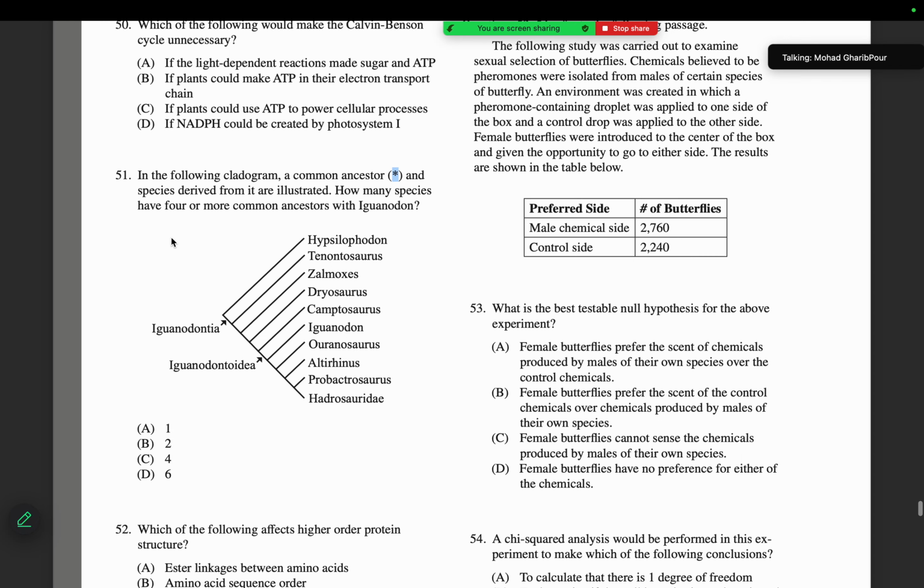How many species have 4 or more common ancestors with Iguanodon? Iguanodon is this guy. And it's asking how many species have 4 or more common ancestors with them. 4 or more. So it's going to be common ancestor, this one.